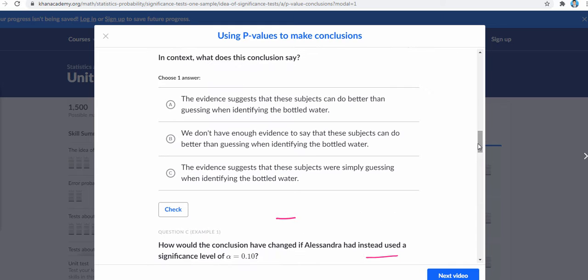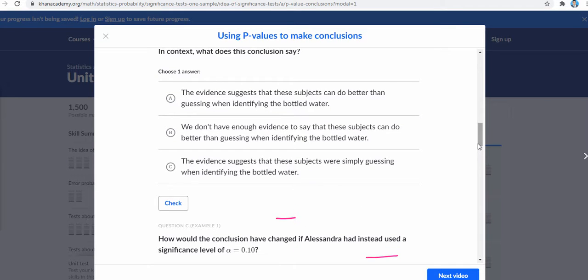Now the next one says, in context, what does this conclusion say? The options are: the evidence suggests that these subjects can do better than guessing when identifying the bottled water. No, it's not true. That was the alternative hypothesis. The next is, we do not have enough evidence to say that these subjects can do better than guessing when identifying the bottled water.